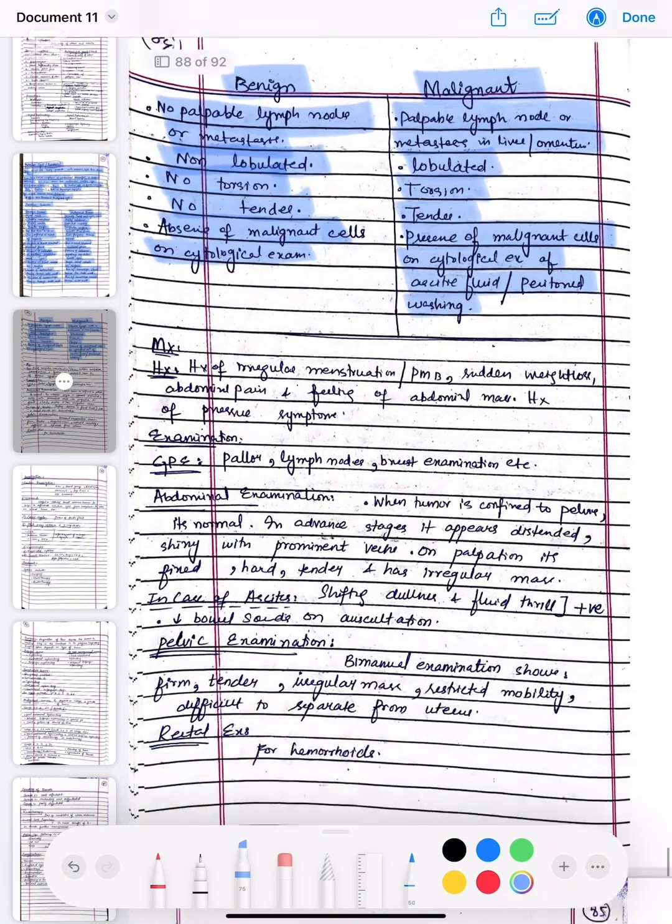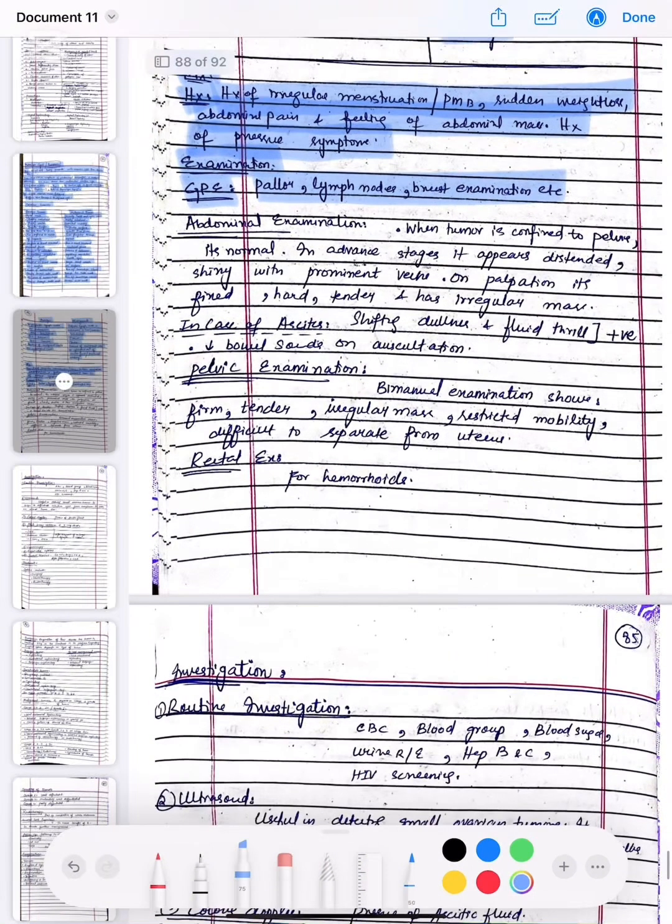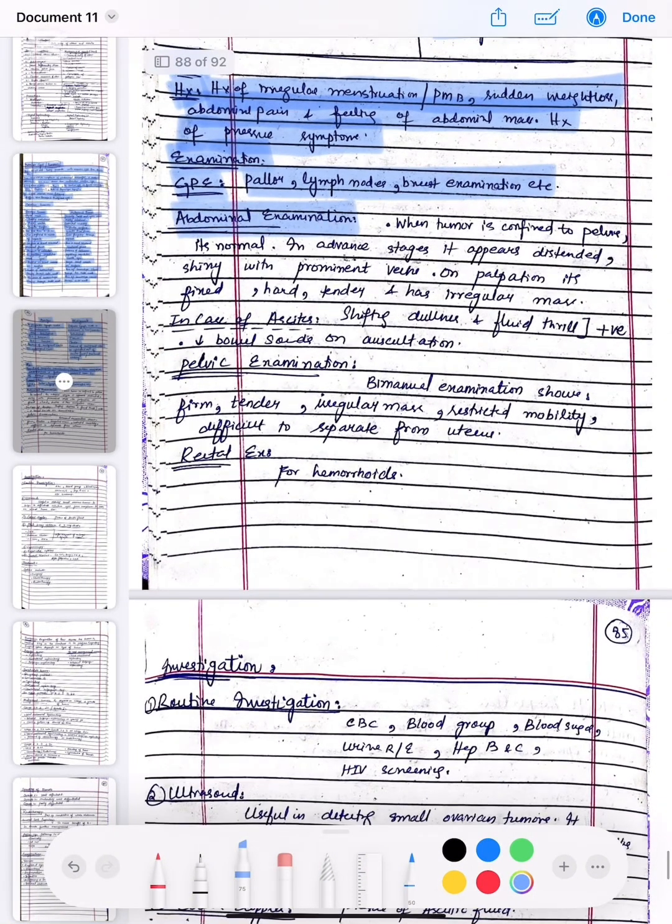Now coming towards the management options, we are having history taking, that is the history of irregular menstruation, post-menstrual bleeding, sudden weight loss, abdominal pain and feeling of abdominal mass, history of pressure symptoms. The examinations are general physical examination, that is pallor, lymph nodes, breast examination, etc. Then on abdominal examination, when the tumor is confined to the pelvis, it is normal.